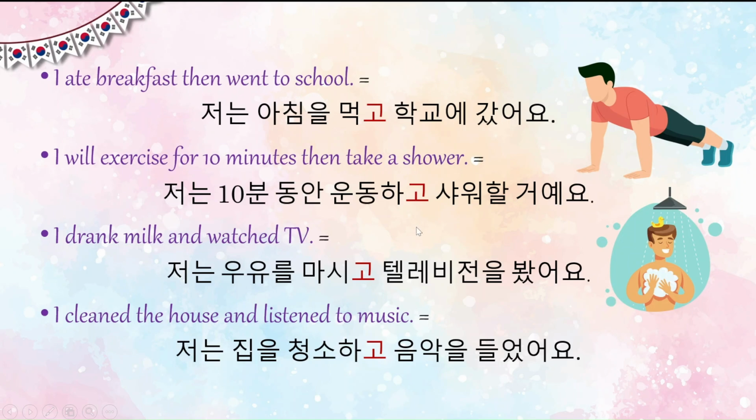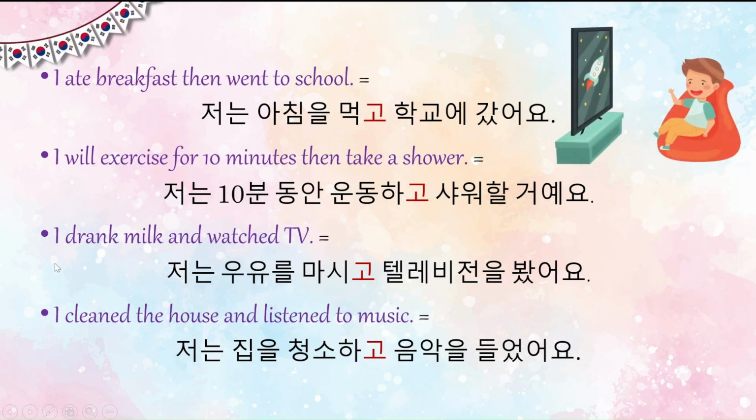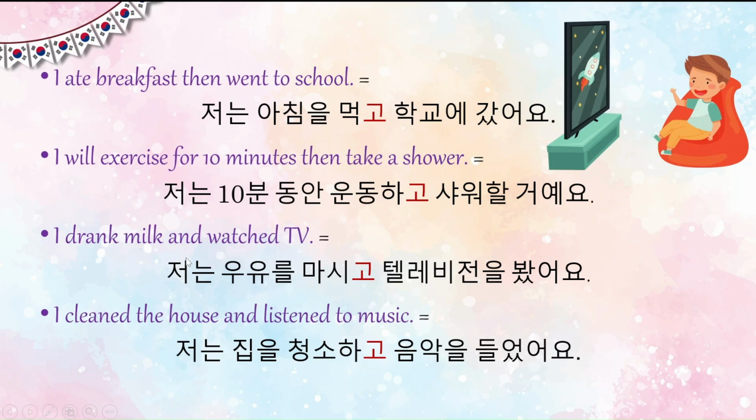Okay, this is how it works. You connect two clauses or sentences using the particle ko. And here the translation of ko is "then." One action is happening after another action, in a sequence. Next is: I drank milk and watched TV.